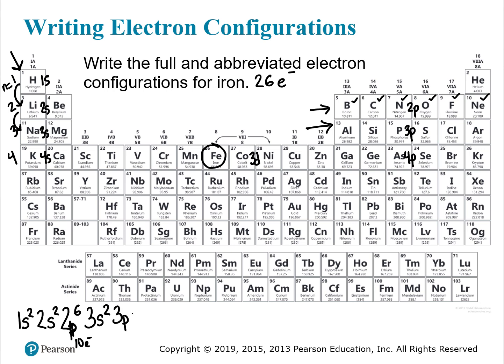Exactly. I'm going to fill the 3p next, and it can hold 6 electrons. Where do I go from here?